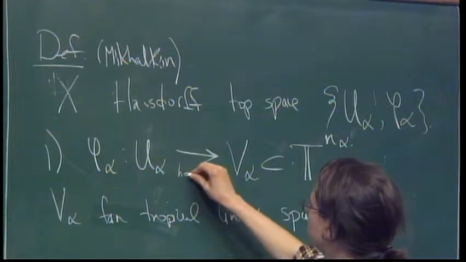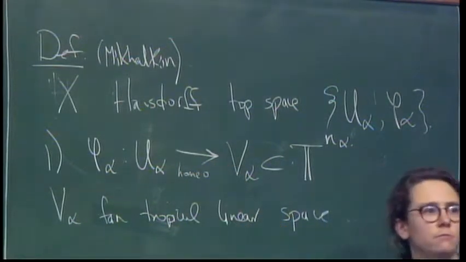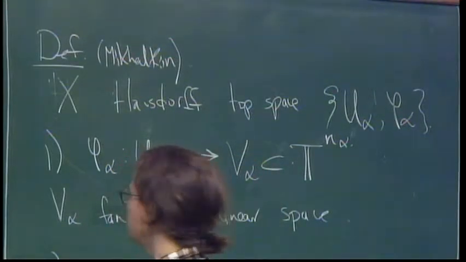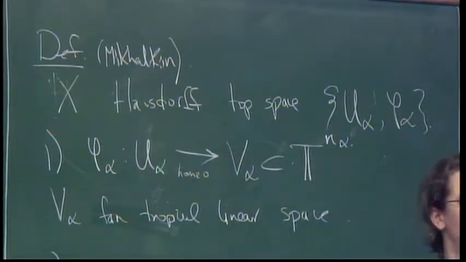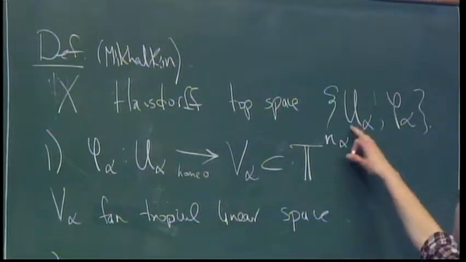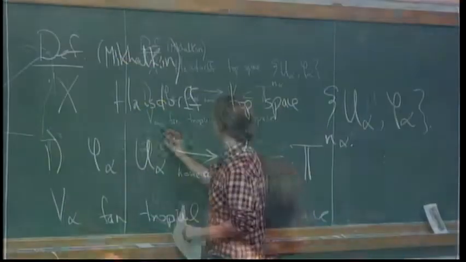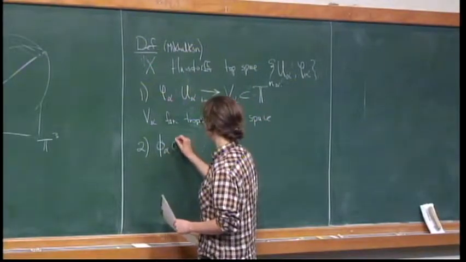And this should be a homeomorphism onto its image. The second condition is that on the overlaps of these open sets, we want our coordinate changes to be integer affine transformations.